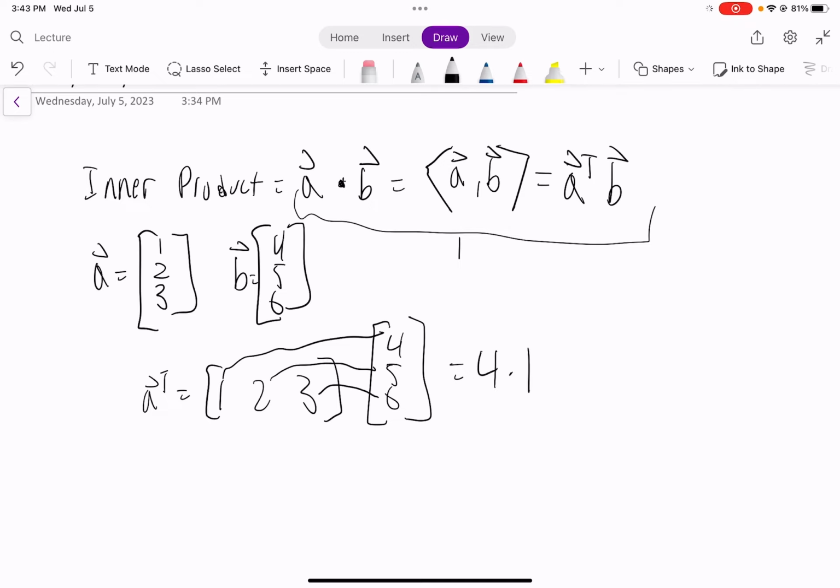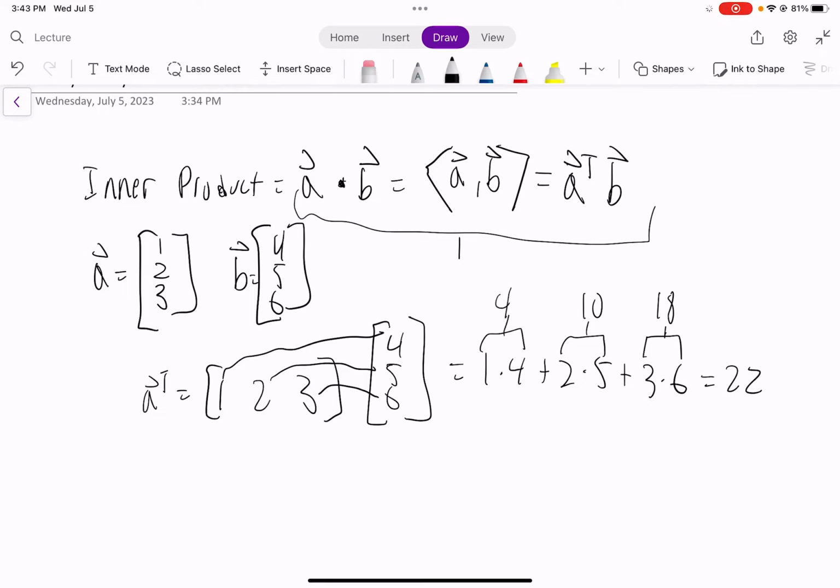So we get, let's say, 1 times 4 plus, and we're denoting with plus, okay? 2 times 5 plus 3 times 6. This is 4, this is 10, this is 18. So this is 22, if I do my math correct. Okay? So that is a dot product.